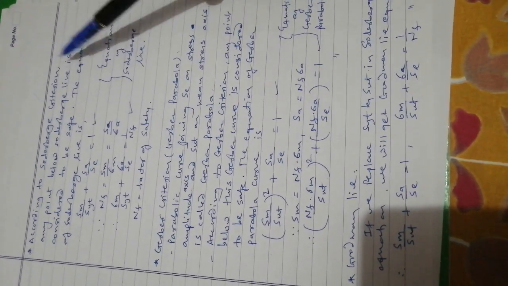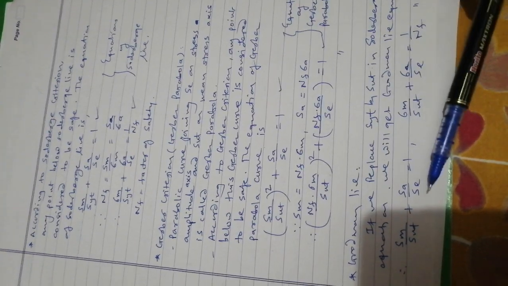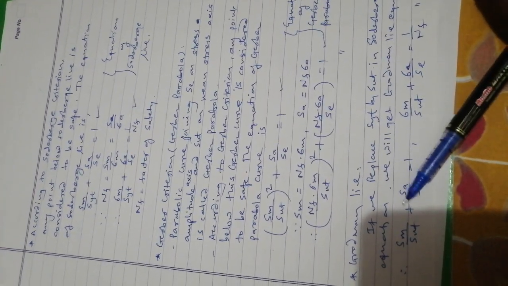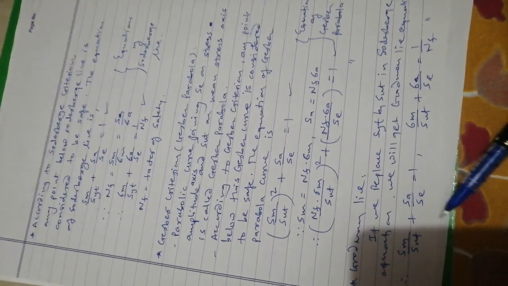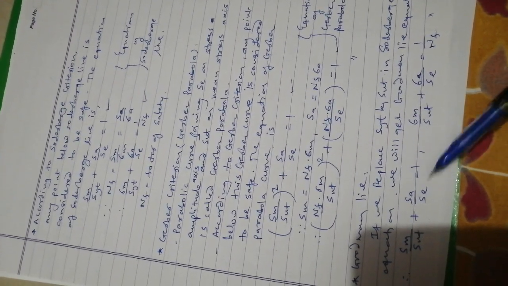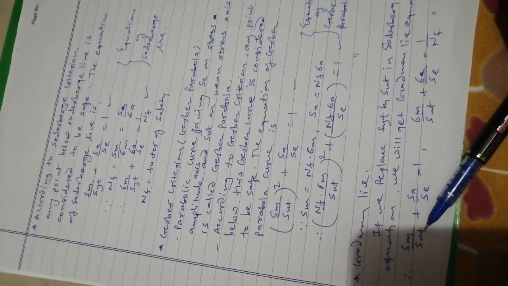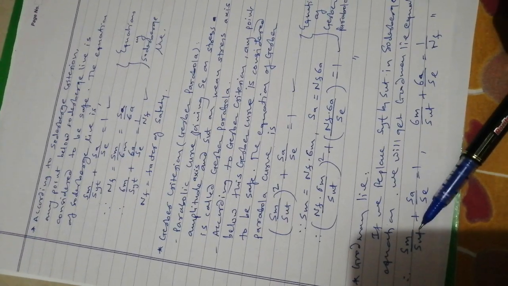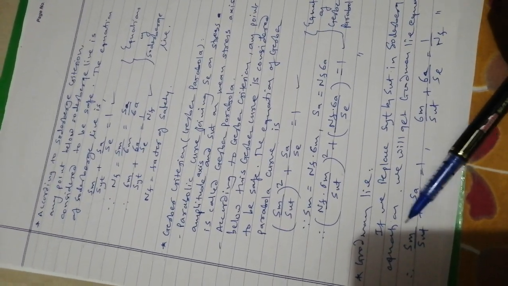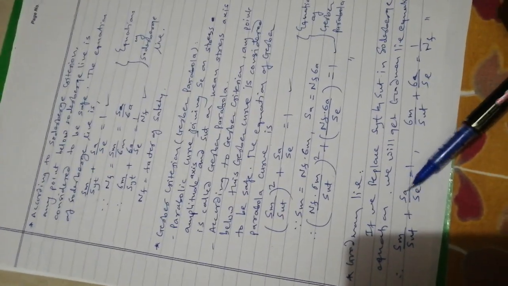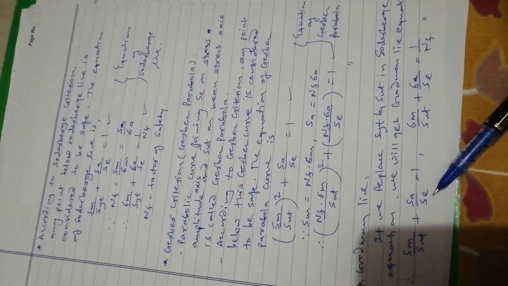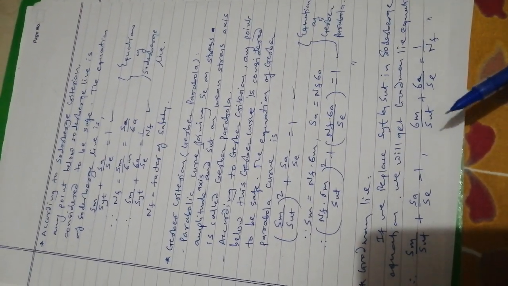Similar to the Soderberg criteria, the equation for the Goodman line is Sm upon SUT plus Sa upon Se is equal to 1, where SUT is the ultimate tensile strength, Sm is the mean strength, Sa is the strength amplitude, and Se is the endurance limit.